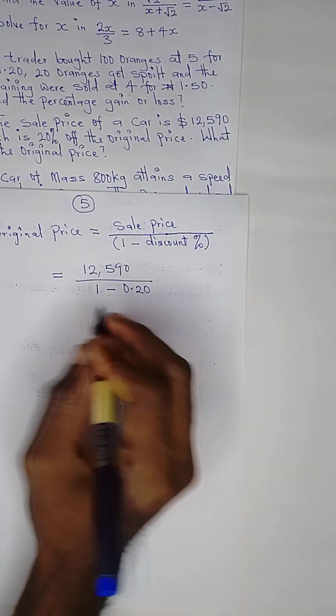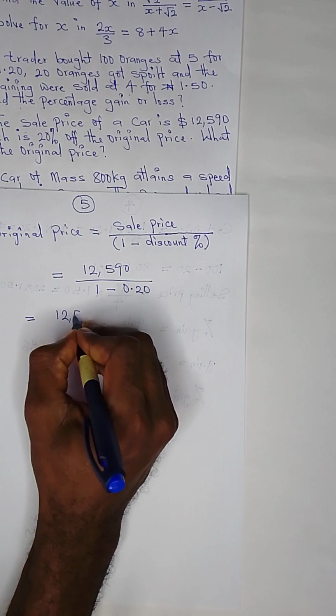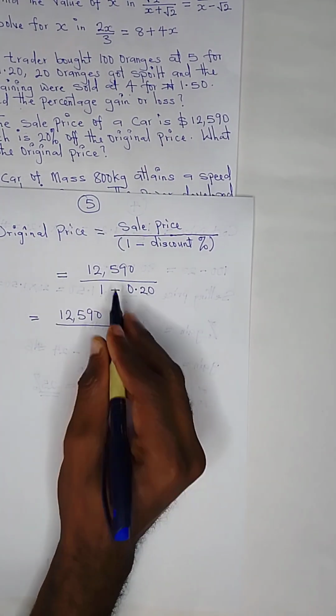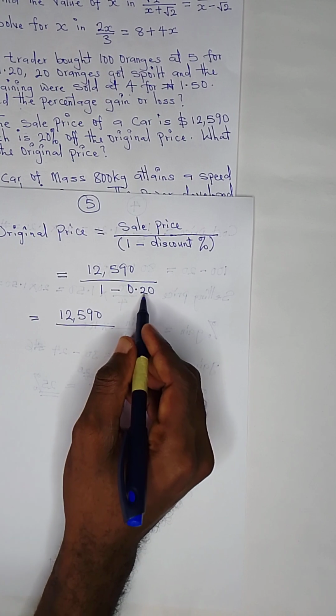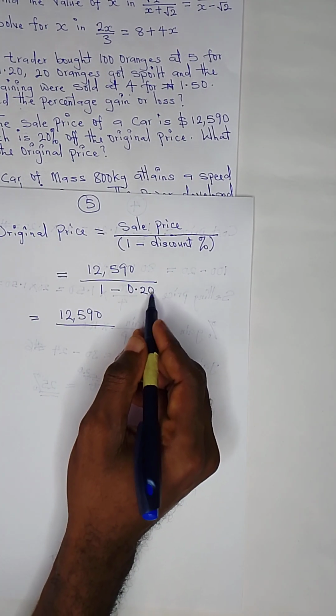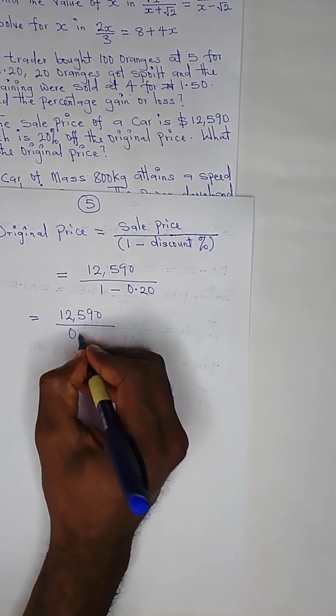Now you are going to say 12,590 divided by 1 minus 0.20, or 1 minus 0.2. You can do away with this 0 or you can add it. So that is going to give us 0.80.